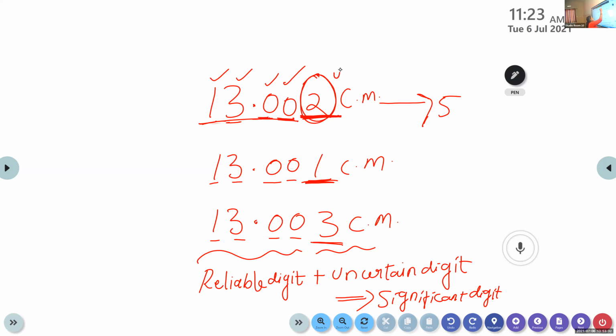So this is our uncertain digit. So we have 4 reliable digits plus 1 uncertain digit, that is equal to 5. So the number of significant figures of the first measured value is 5. Is it clear?